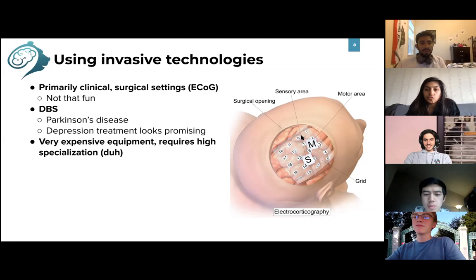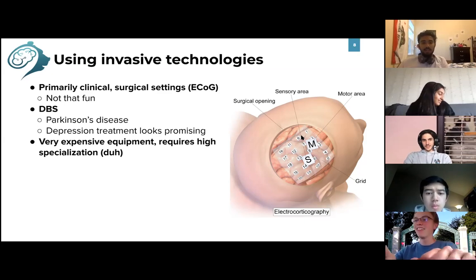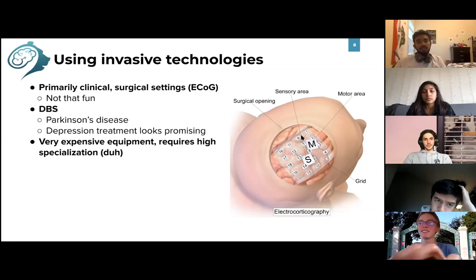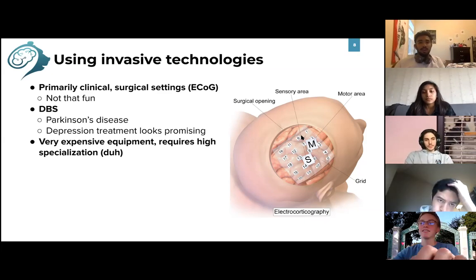There's a lot of research at Berkeley, like neural dust, to help make these technologies wireless, but it's very hard. You also require a lot of different sensors to make it work, so even if it is wireless, you have a bunch of sensors all over your brain, which is not very appealing to a lot of patients.